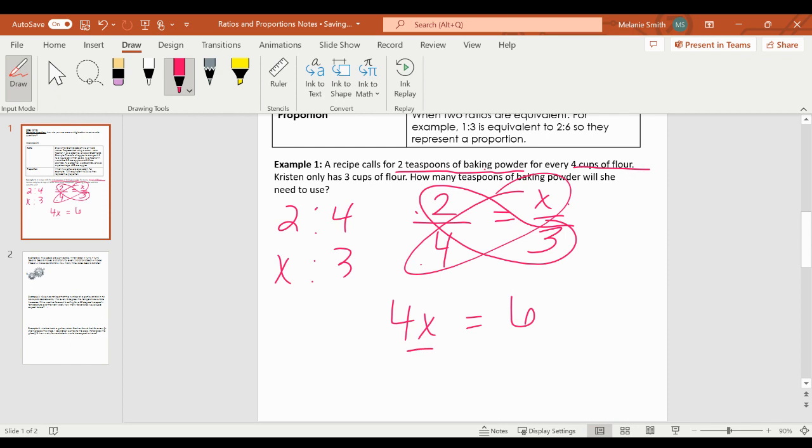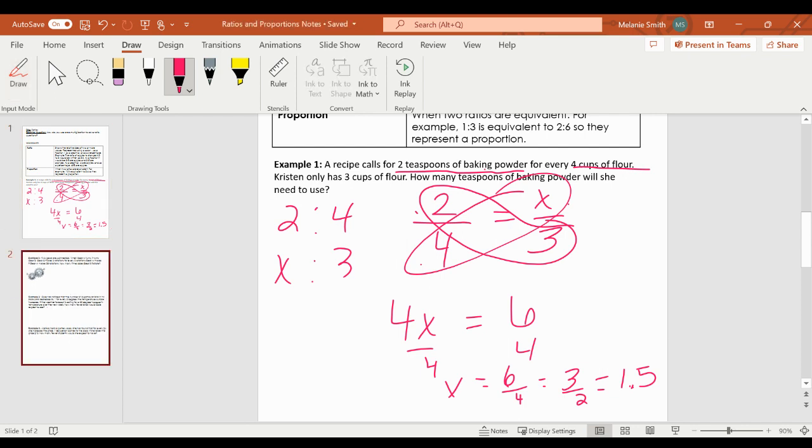So now I just have to solve for x by dividing both sides by 4, and x equals 6/4. And I can either simplify that down to 3/2 of a teaspoon, or I can go ahead and say 1.5 teaspoons. 3/2 for the purpose of measuring is probably going to be easier because usually you have teaspoons that come in a half a teaspoon.